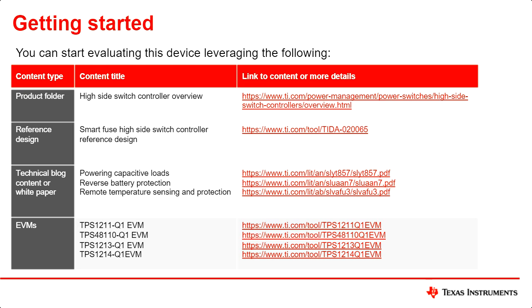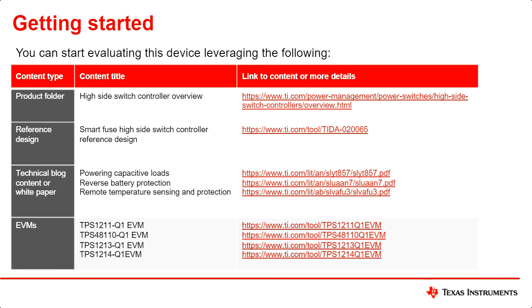That leads me to the next slide, getting started. We have the overview of power switches, and we have some reference designs out now. We have more reference designs coming and already in the works, with SPI and daisy chains happening.